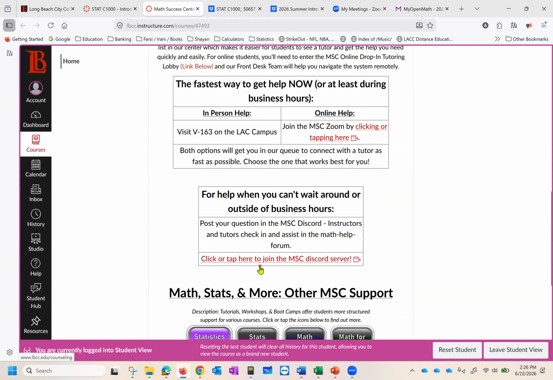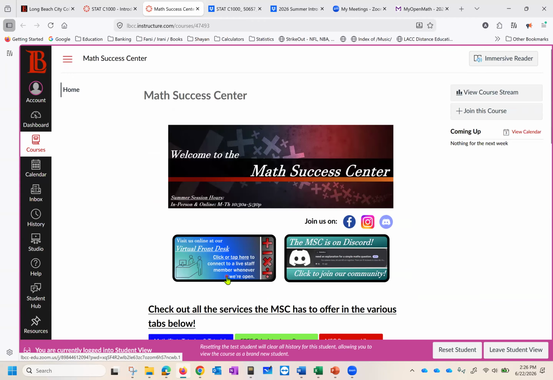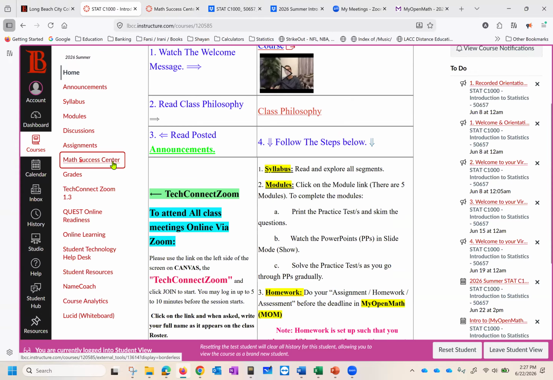So as you can see, there is a lot of information here. So if you need help from the Math Success Center, click on the link here, check it out, call them, or just follow their instruction, or go to their website and do what you need to do.